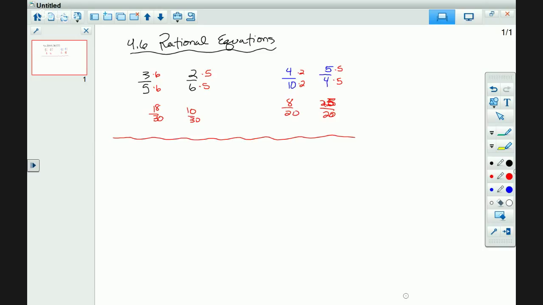We'll start with a simple one. If I need to solve this, this is actually a word problem from your book.